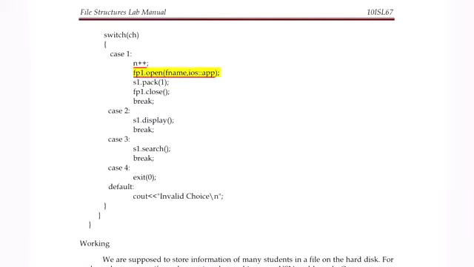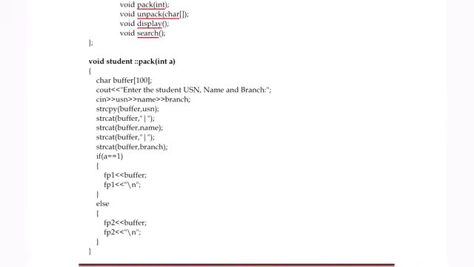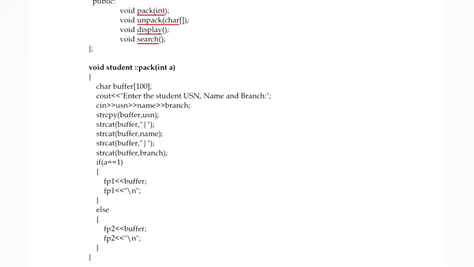Next, we are going to call our pack function. What the pack function does is read the data which is given by the user, and make it into a record. For that, first we enter the USN, name and branch. We are going to make it into a record by copying the contents to a buffer. In your buffer, first we are going to copy the USN.